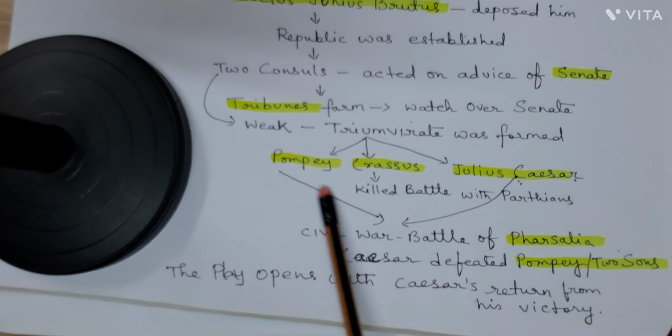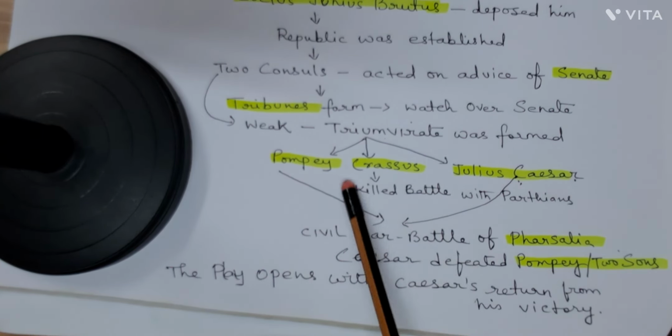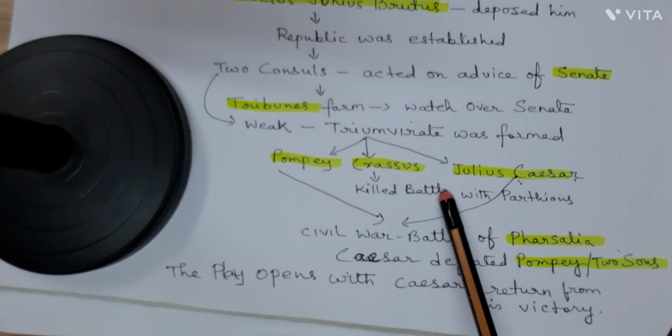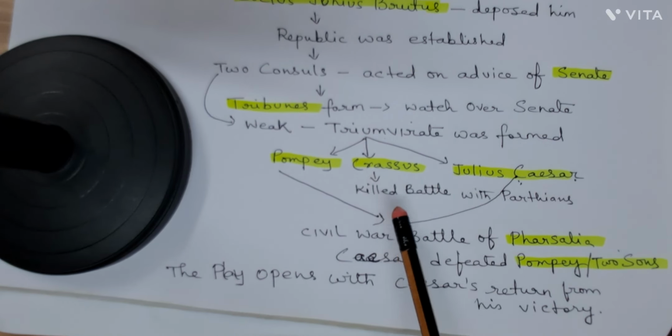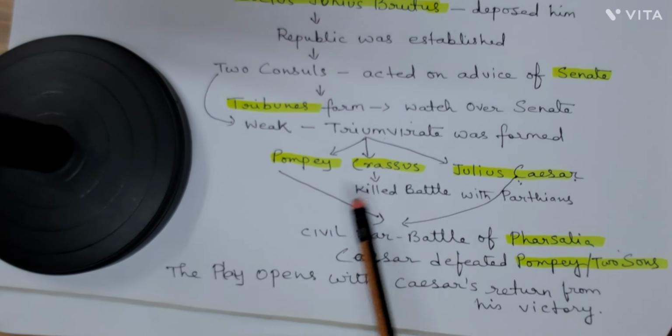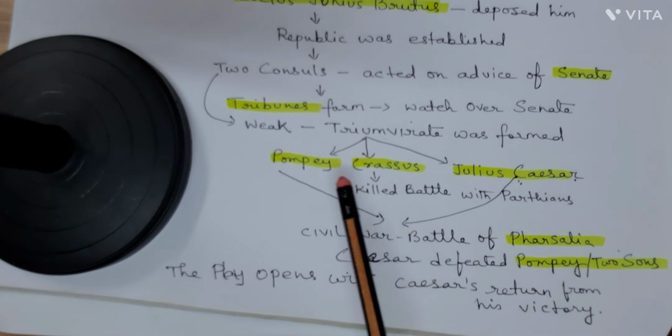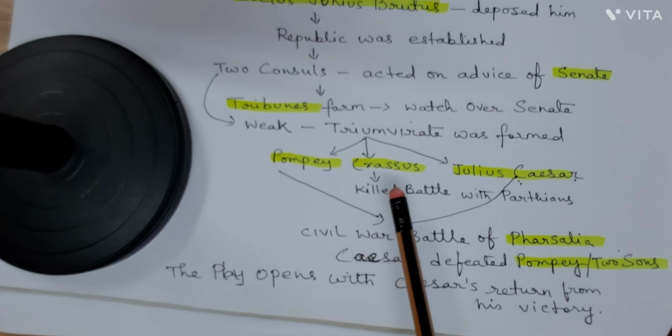Now Pompey and Caesar wanted to take over the province which Crassus ruled, the parts of Rome which were under Crassus. Both of them were not coming to some common terms. They were always at disagreement.